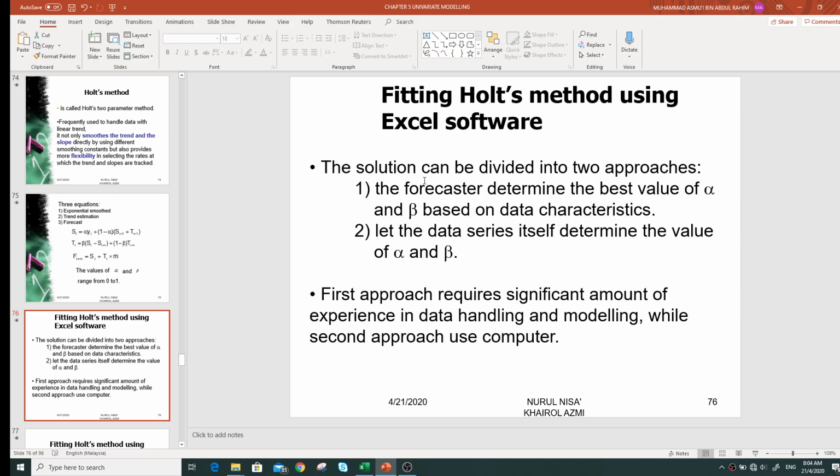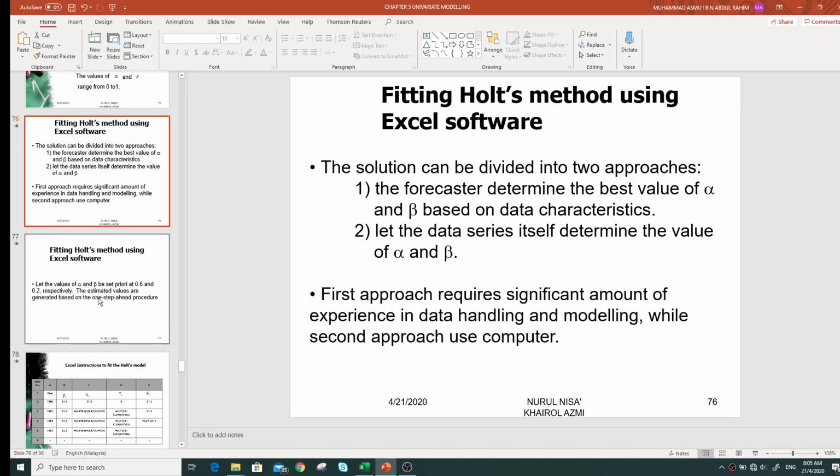This can be done with two approaches. In the first approach, the forecaster determines the best values of alpha and beta based on the data characteristics. In the second approach, you can let the series determine the best values of alpha and beta. This can be done when you use Solver, like my previous example.